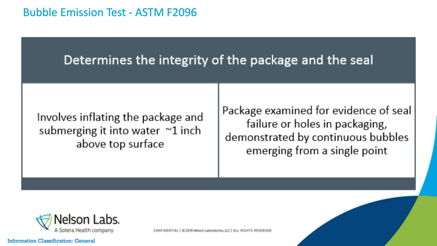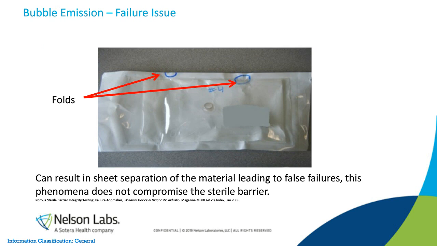The most common problem that we see with bubble testing is caused by folding the seals to stuff the pouch into a shelf box. When Tyvek is folded, it can cause sheet separation. This leads to a channel or a pocket within the sheet. Air will collect in this pocket and then exit from a single point, which looks like a failure.